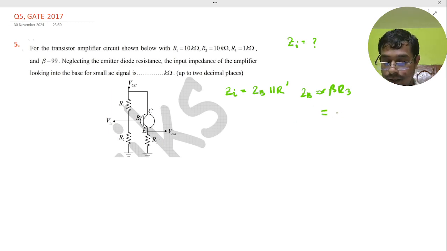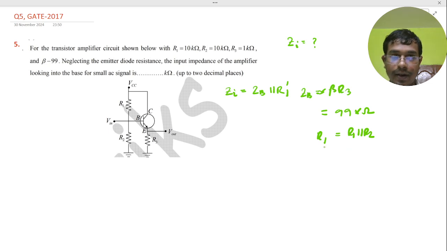So it is given as 99 kilo ohm. And this R dash is basically R1 parallel R2.